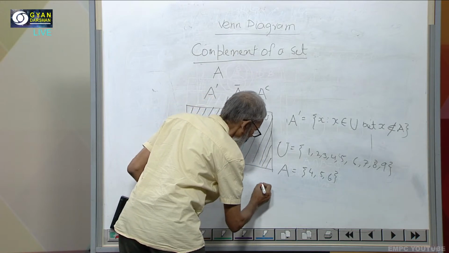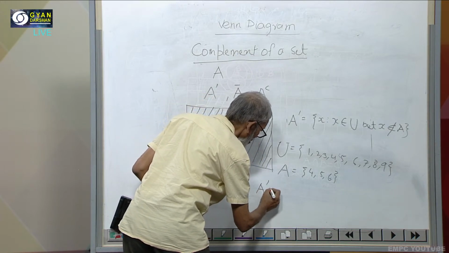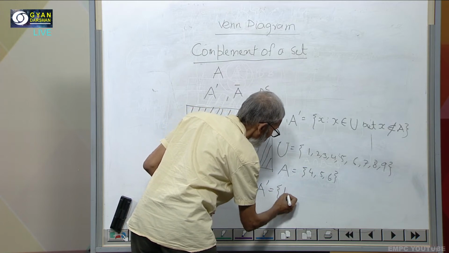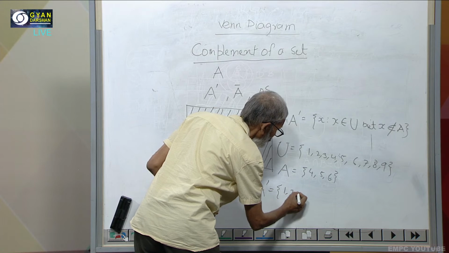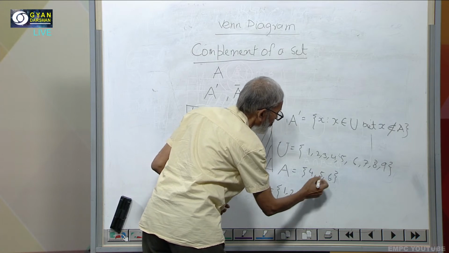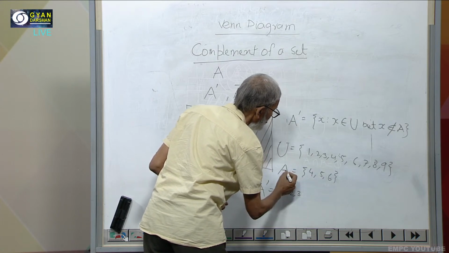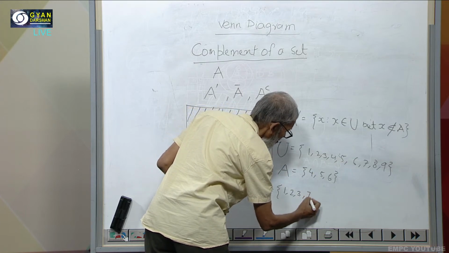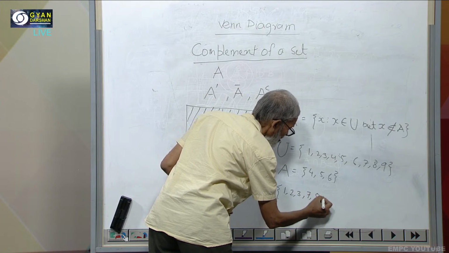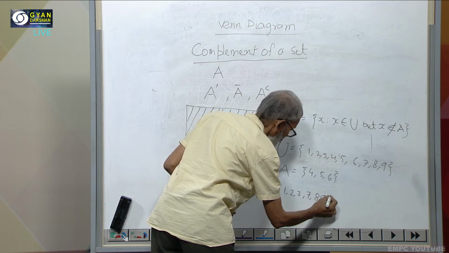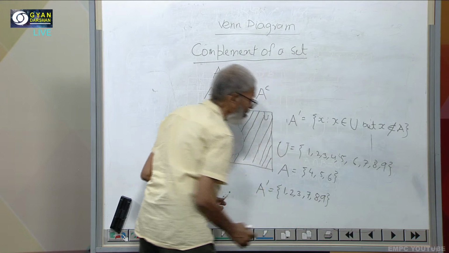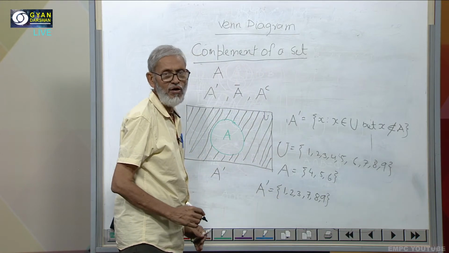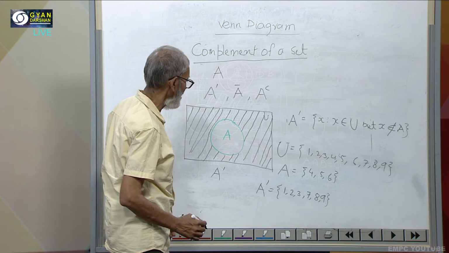So, what will be A dash? Complement of the set will be: 4, 5, 6 will not be there because these are elements of A. Now, the rest 7, 8, 9. So, all these elements will be there in the complement of the set A.